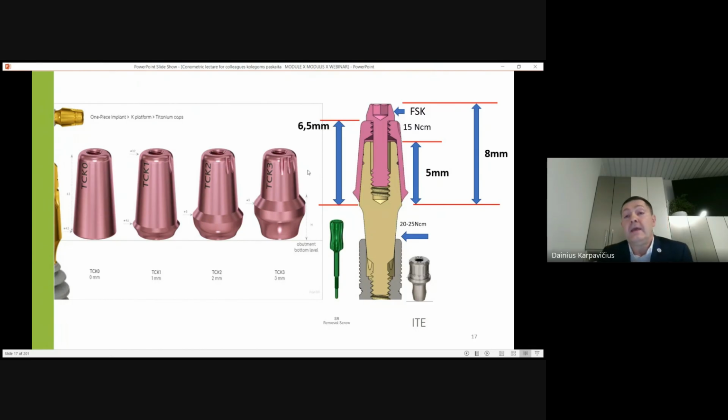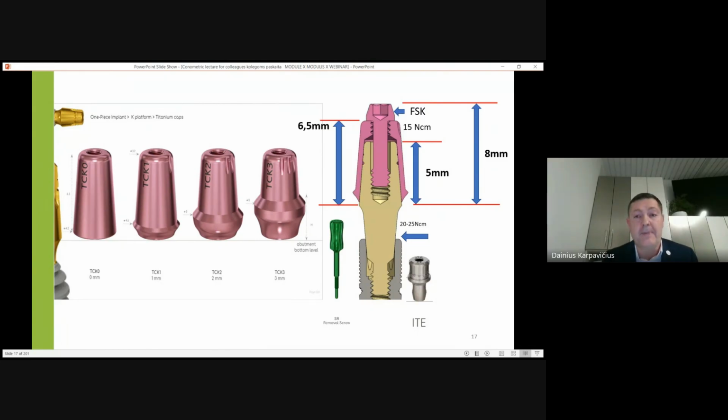So here you see a somewhat schematic drawing, and you can see the length of the abutment of the conometric crown. It is a 5 mm abutment. Then this is the primary abutment. Yes, the secondary abutment, I mean the conometric abutment, is about 6.5 mm.